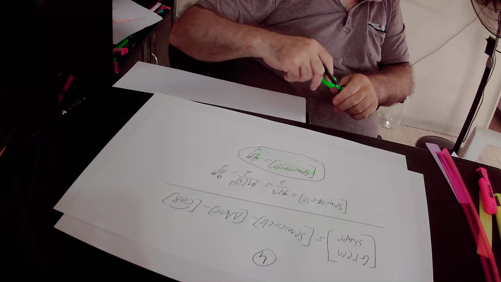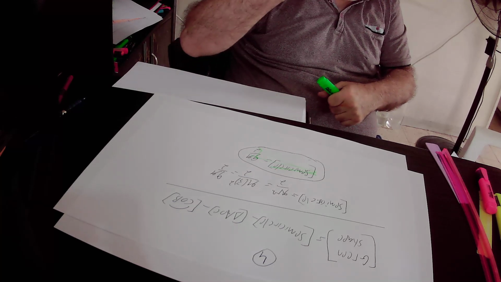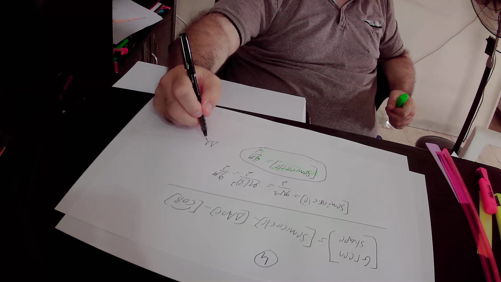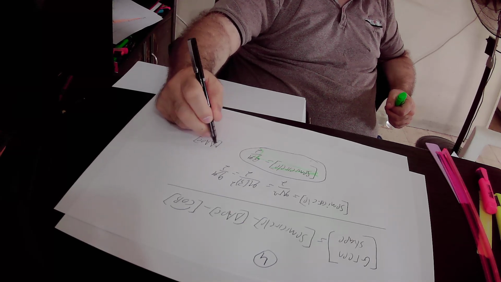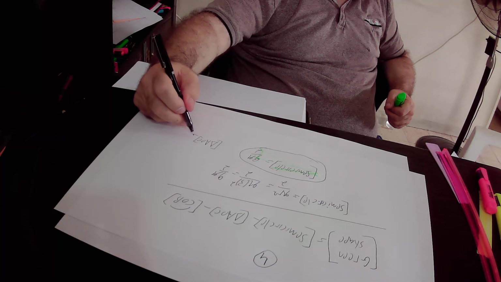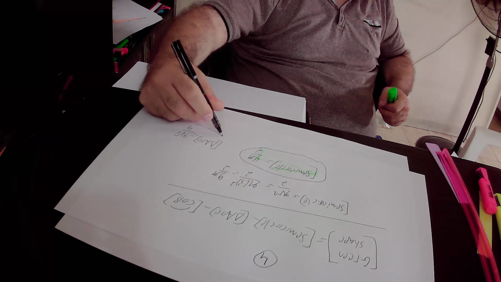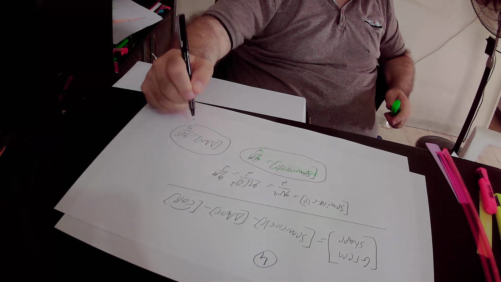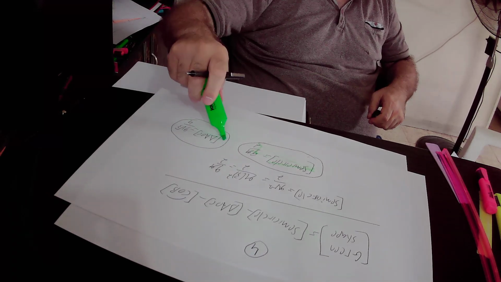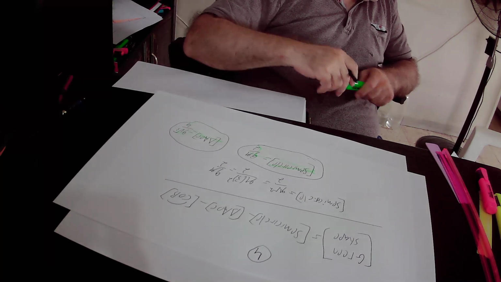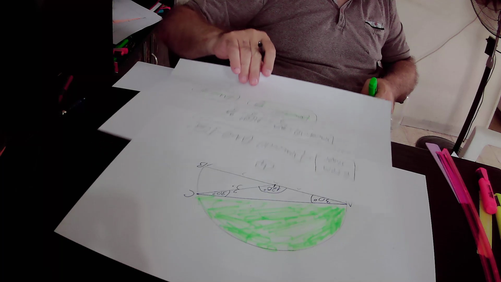We have already found out in the first method that the area of triangle AOC is equal to 9 times square root of 3 over 4 square units. And finally, we have to find out the area of sector COB.